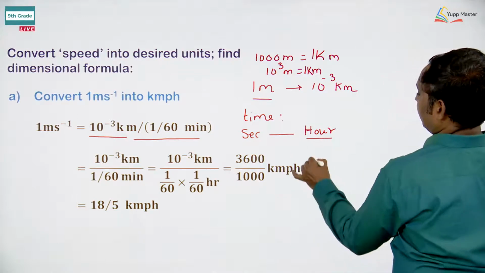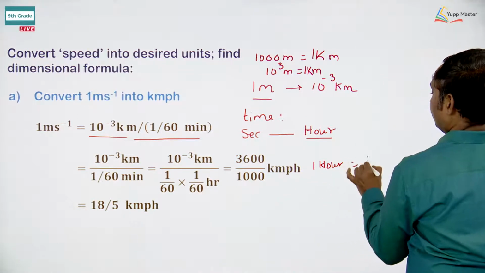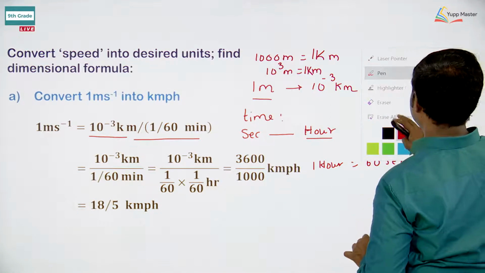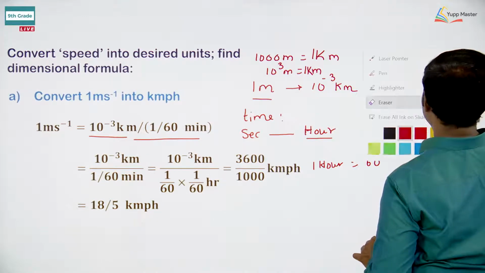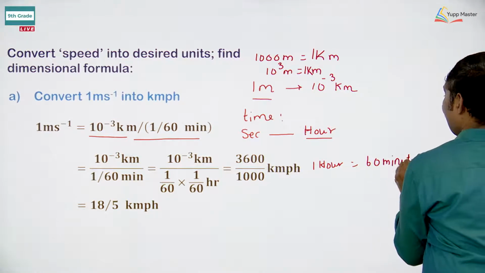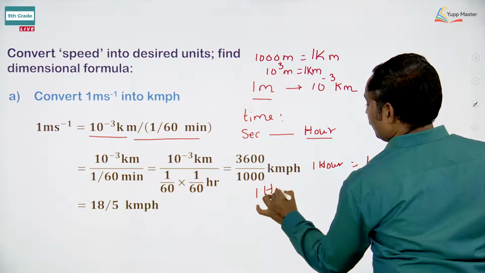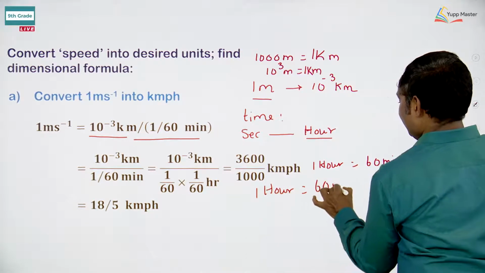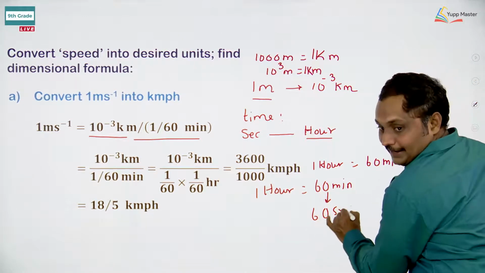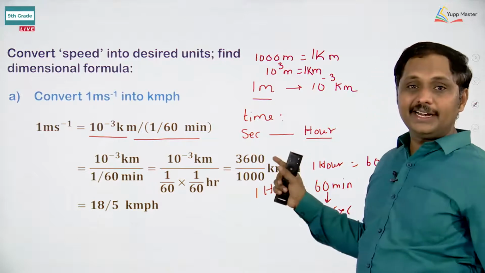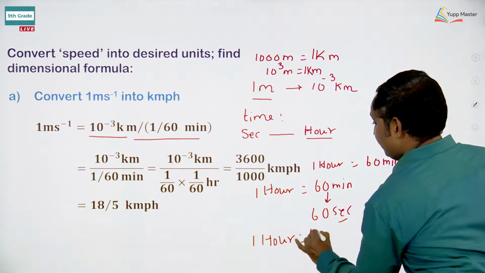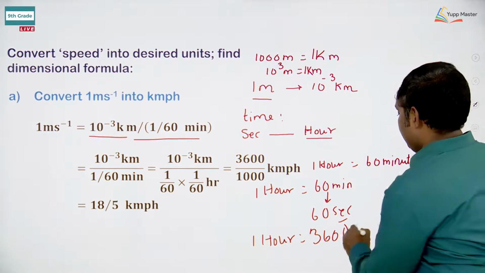You know that 1 hour is equal to 60 minutes, and 1 minute is equal to 60 seconds. Therefore, 1 hour is equal to 3600 seconds.